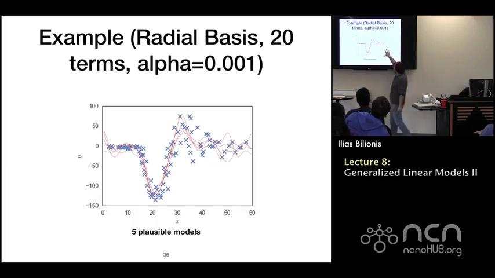These red lines that you see here are basically 5 plausible models. How do I get them? I sample a W from the posterior of the weights, and then I plug it into my functional form for the model, and then I just plot that model as a function of X. And then I sample another W, and I plot that model again. So let me just show you.